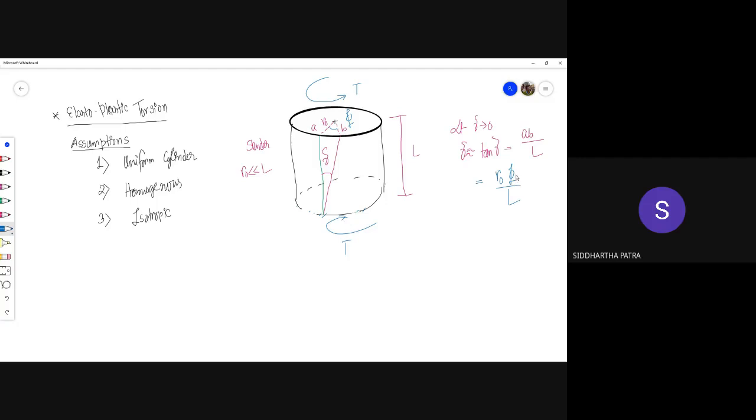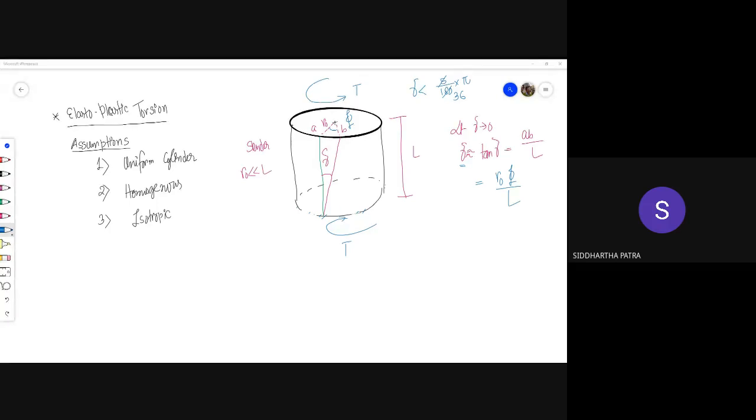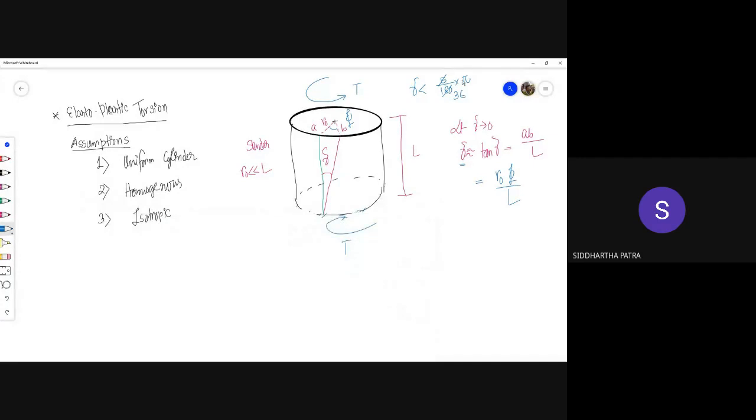The phi need not be so small, but as long as this strain gamma is less than 5 degrees. Now what is 5 degrees? 5 degrees would be 5 by 180 times pi in radian. So it's pi by 36, which is not a small number. I mean, it's a small number, but it's not infinitesimally small.